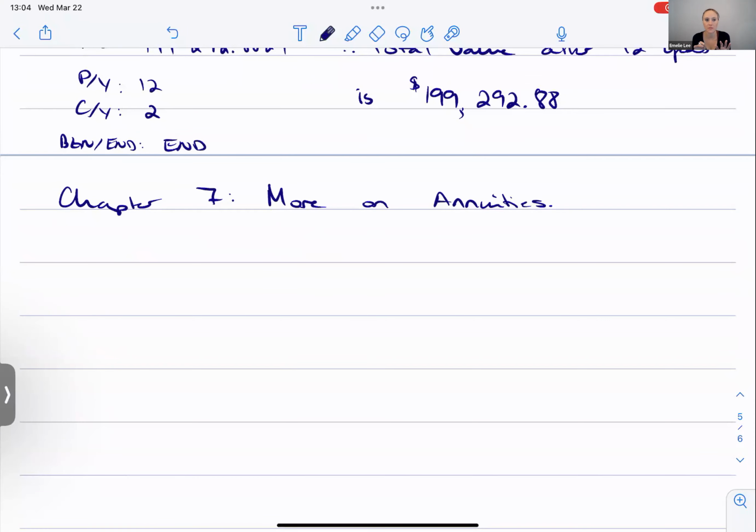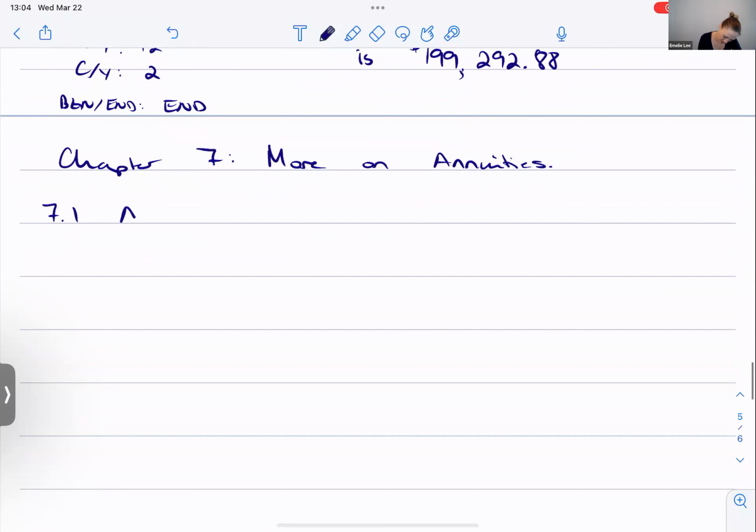We learned the basics of annuities, right? It's basically just regular payments are happening, right? And we don't need to calculate each one of them individually, right? And so that's the key part. And 7.1 is on annuities due.